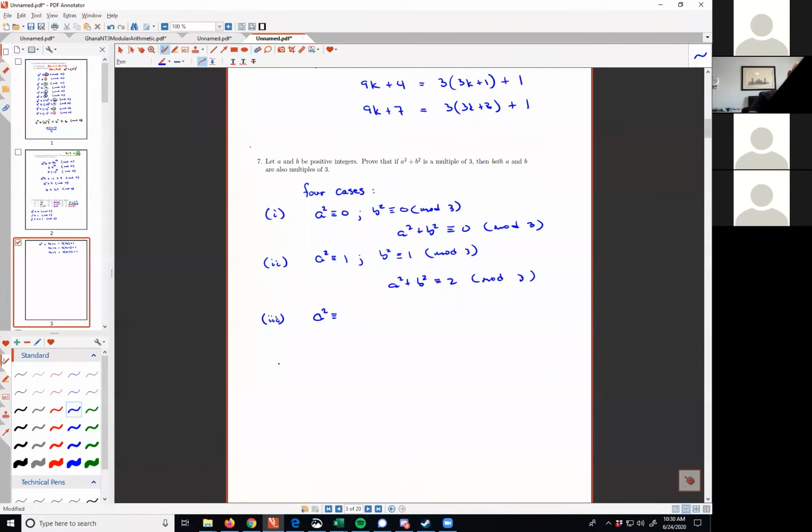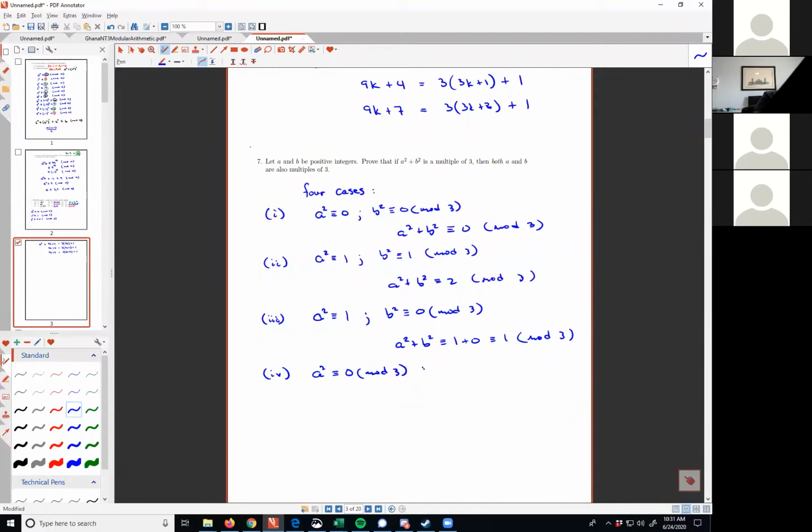a squared is equivalent to 1, but b squared equivalent to 0. Good. And finally, a squared is 0, b squared is 1.